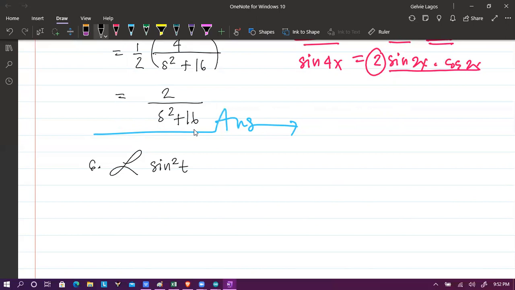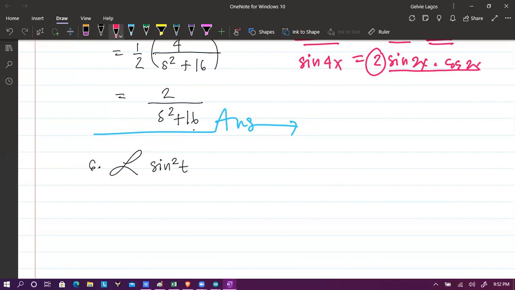So how are we going to do this? We can solve the Laplace transform of this by using the trigonometric identities. Can you still recall your trigonometric identities? Let's start now by recalling the trigonometric identities.